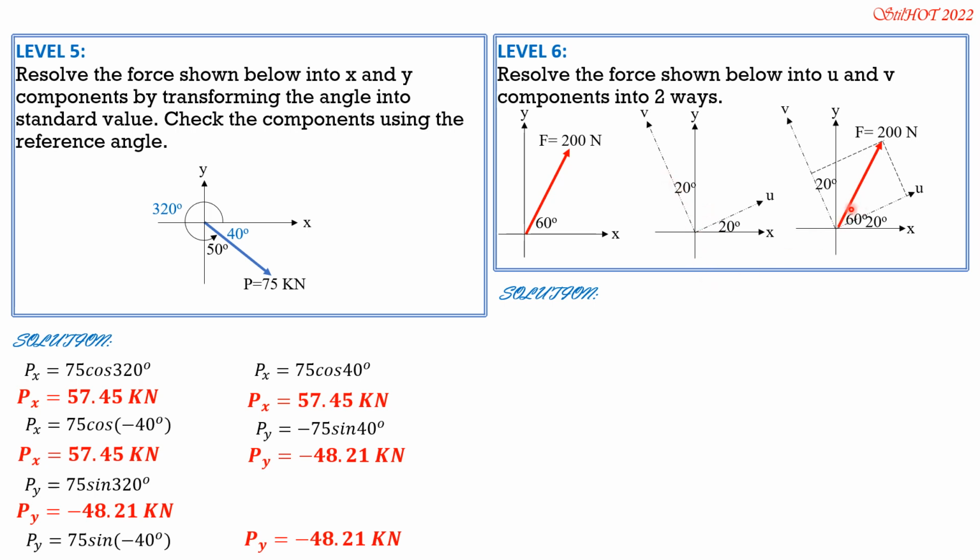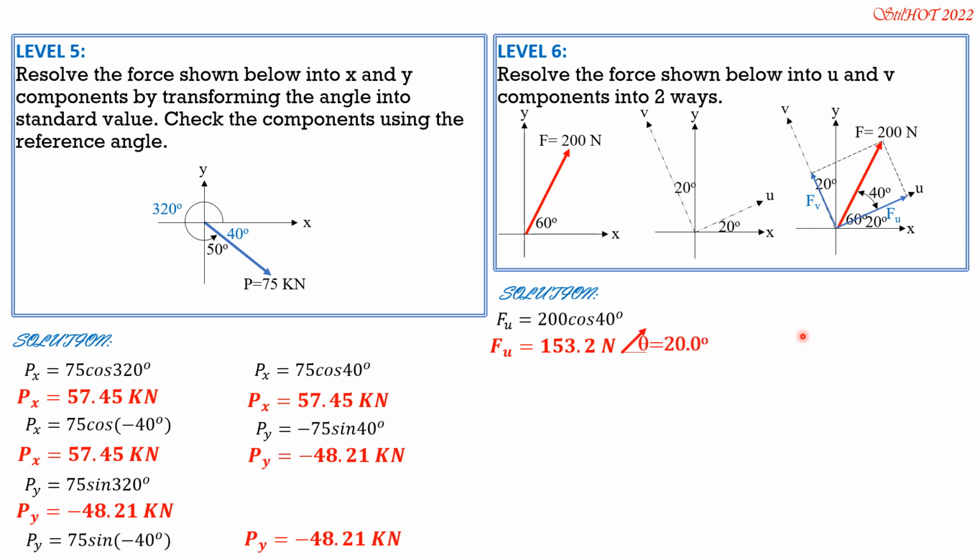Therefore, this is 60 minus 20, so this angle is 40 degrees. And this is the Fu component, which is positive, and Fv component, which is also positive. So in this right triangle, Fu is 200 cosine of 40, while Fv, opposite to 40, is 200 sine of 40.